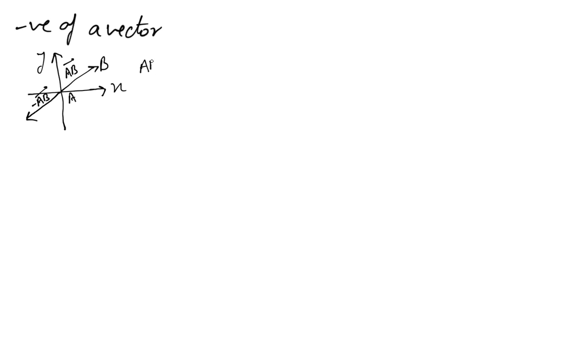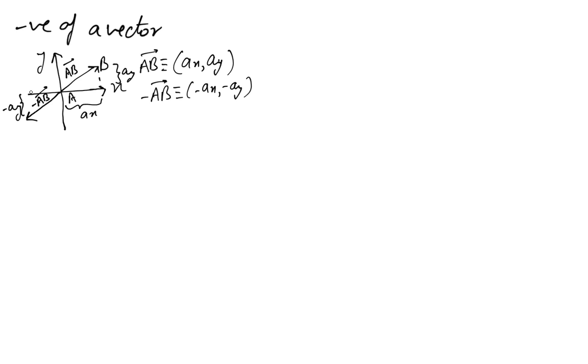And if AB has a Cartesian representation AX comma AY, which means this is AX and this is AY, then minus AB has a Cartesian representation minus AX comma minus AY. You can clearly see this is minus AY down the negative y-axis, and this is minus AX, the negative x-axis. So that's about the negative of a vector.